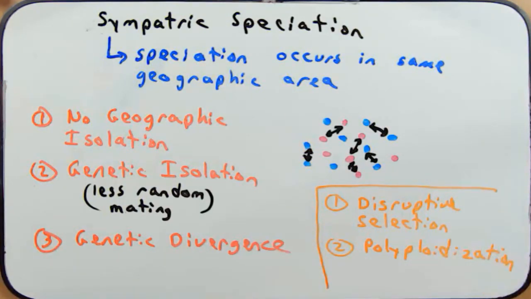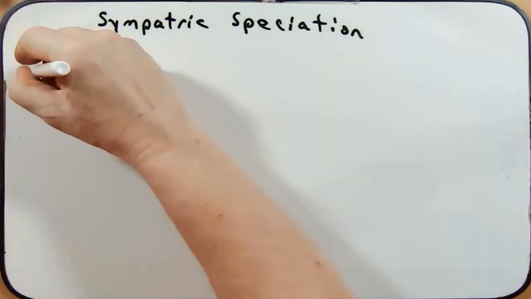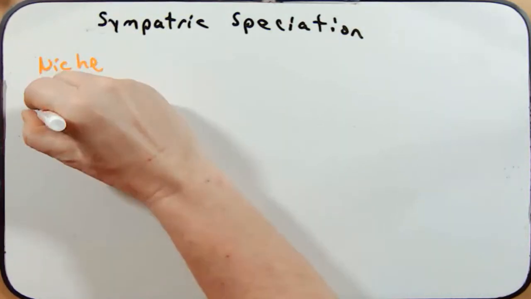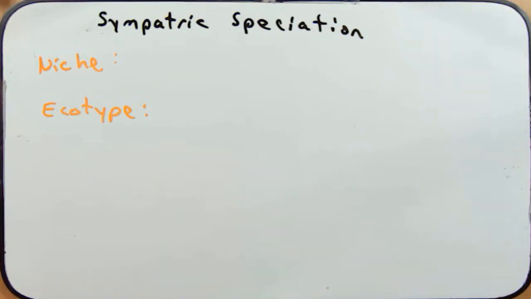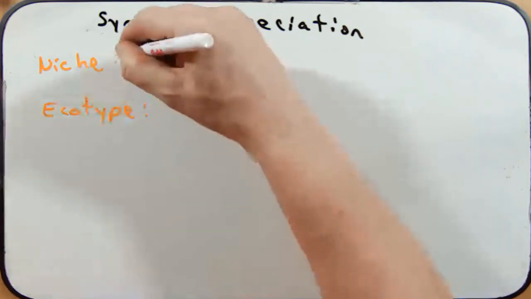But before I do that, I'd like to define 2 terms that may come in handy as we're talking about disruptive selection. And these 2 terms are niche and ecotype. A niche is a range of ecological resources a species uses and a range of conditions that species can tolerate.